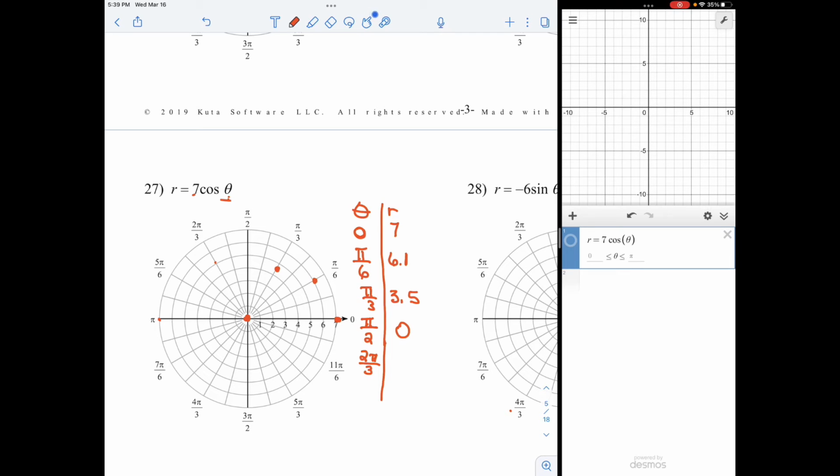Cosine of 2 pi over 3 is negative 1/2, so that's going to make this negative 3.5. So how do I graph that? Normally I would have graphed it 1, 2, 3, 3.5, but since it's negative, it flips to the other side. So that's going to be 3.5 here.